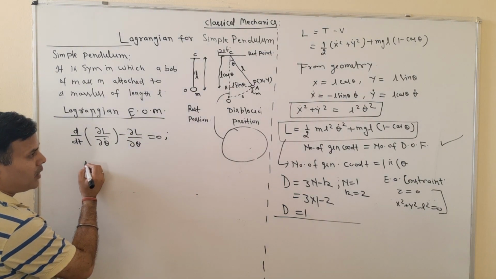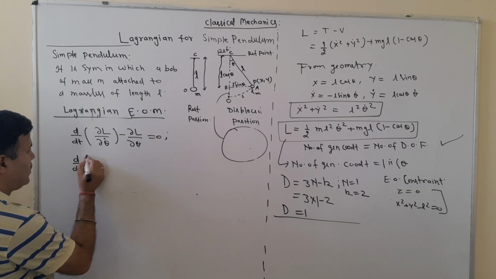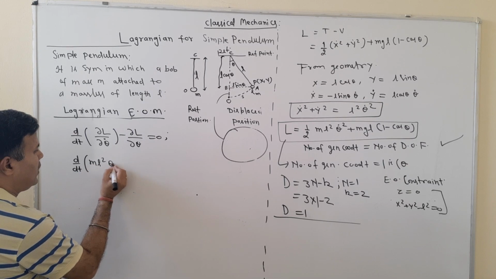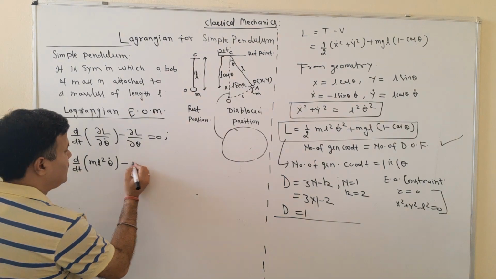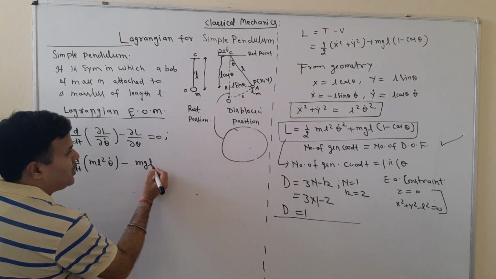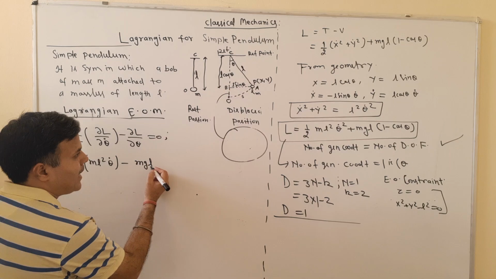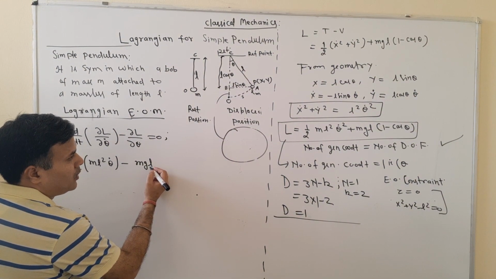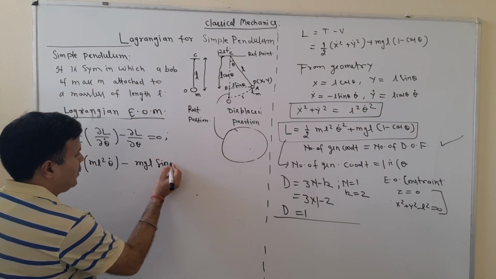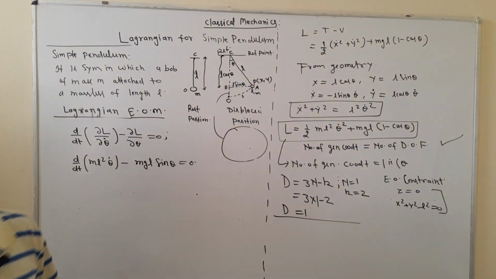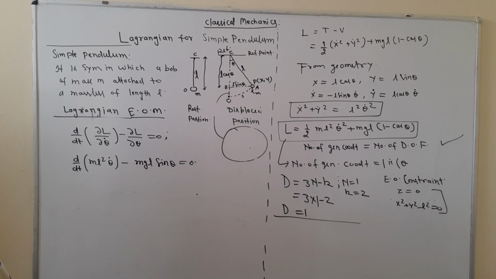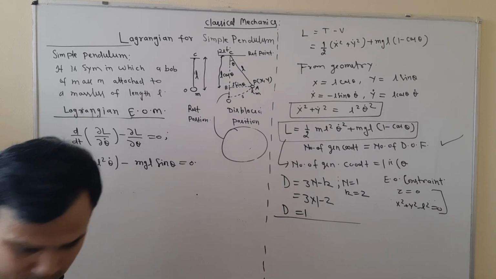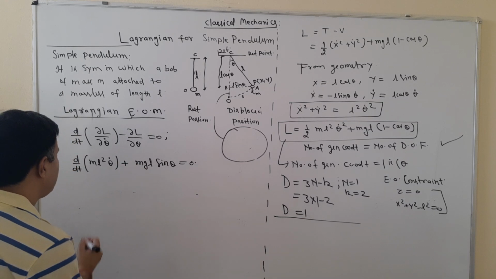Here del L upon del theta dot is d by dt of m l square theta dot, minus del L upon del theta, which is simply minus m g l sine theta, and minus minus becomes plus. So this is m g l sine theta.